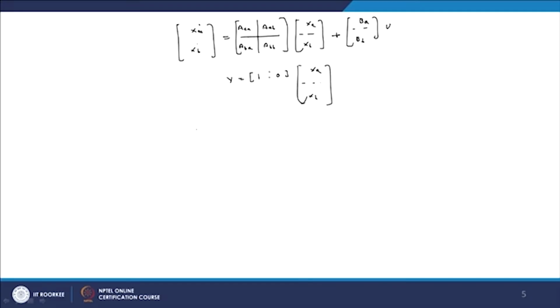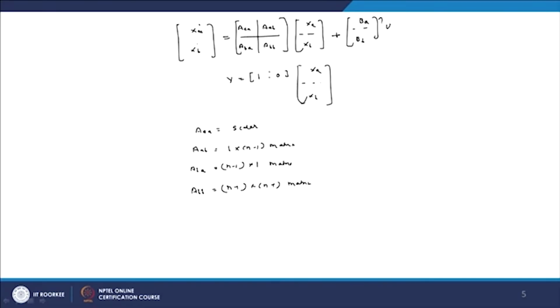Now, in this equation, A suffix AA is a scalar quantity, and A suffix AB is a 1 row by n minus 1 column matrix. Then A suffix BA is an n minus 1 by 1 matrix, and A suffix BB is an n minus 1 by n minus 1 matrix.